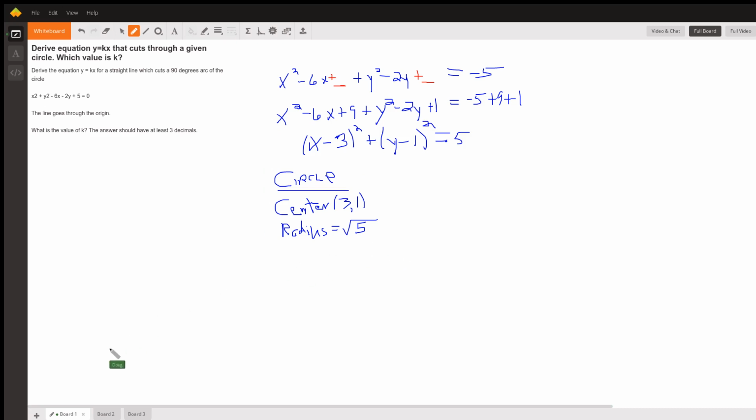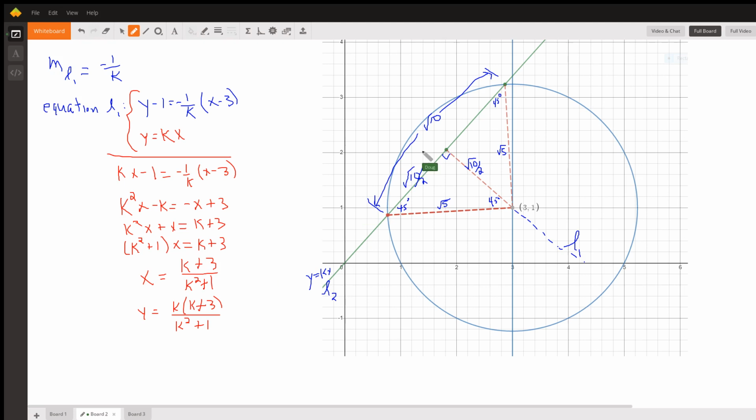And now we'll go on to the next board. So here's a picture of that circle with the line y equals kx drawn through the circle. It took some experimentation to figure out that this line will probably hit the circle in such a way that this point of intersection is to the left of the line x equals 3.